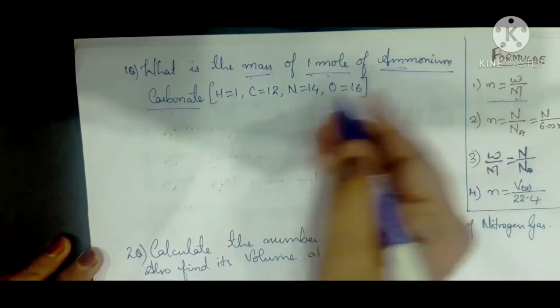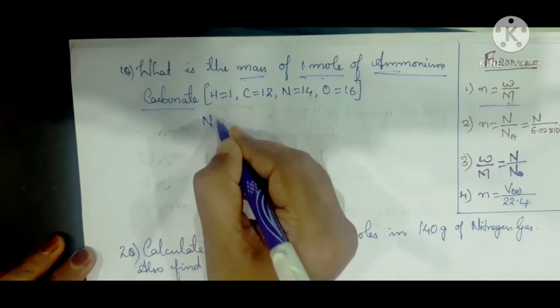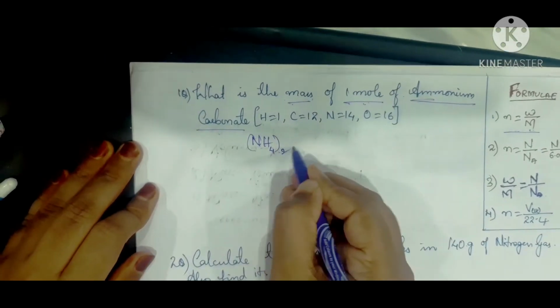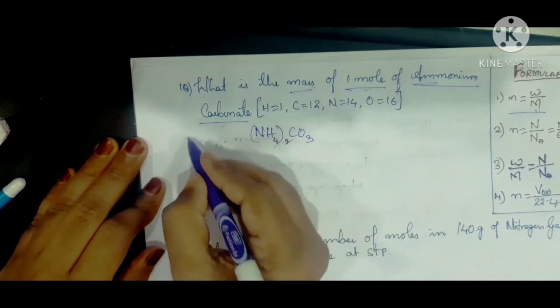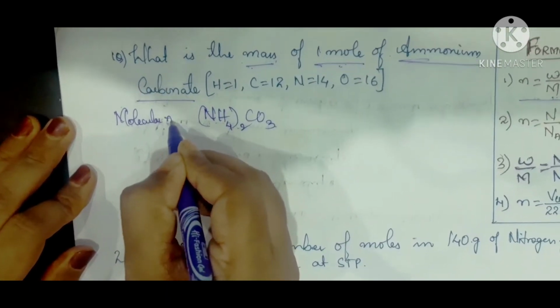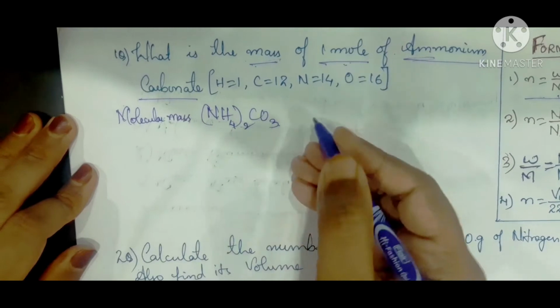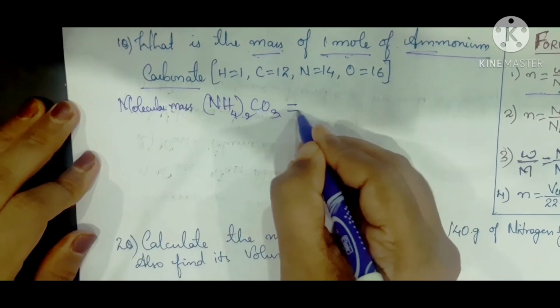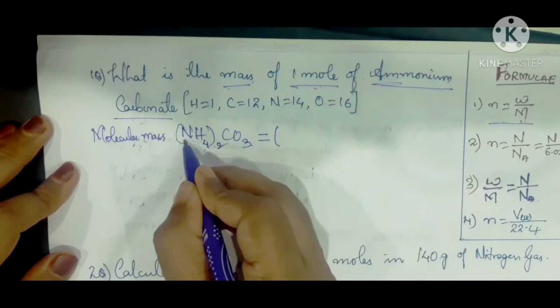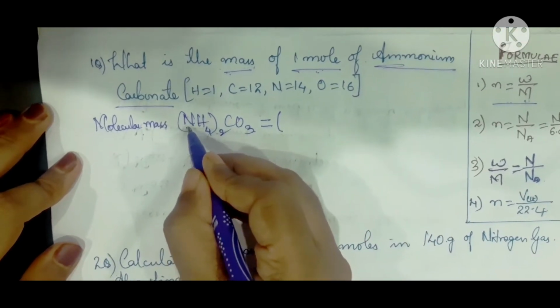First let us write the ammonium carbonate formula. This is ammonium carbonate. So let me find out the molecular mass. As you have already learned how to find it, it's very simple. Number of nitrogen atoms times atomic mass. How many nitrogen atoms?